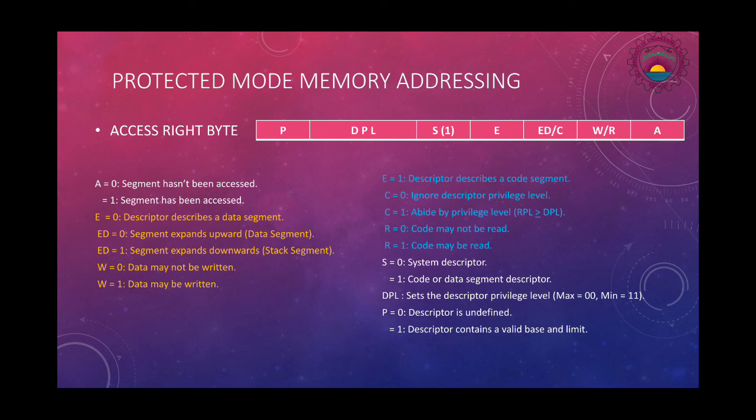If you want to check this condition before giving access to the code, then the C bit will be 1. Otherwise, if you want to ignore this condition, the C bit will be 0.